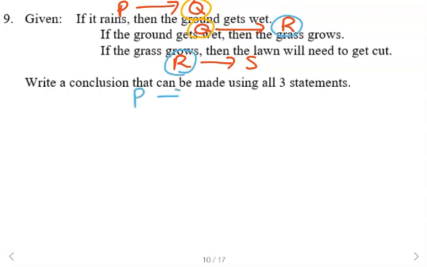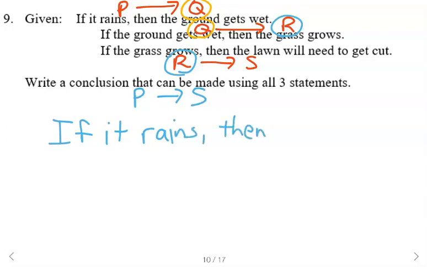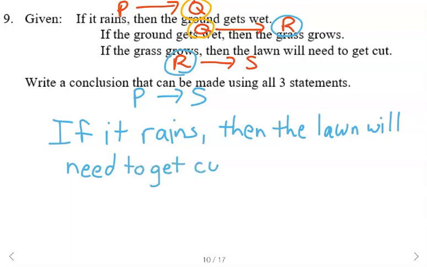So now we can say if P then S. So if it rains, then the lawn will need to get cut. If you remember the DirecTV commercial that we looked at, you can put tons of these together using the law of syllogism. Conclusion of one can match up with the hypothesis of the other, and you can just keep on putting them together.